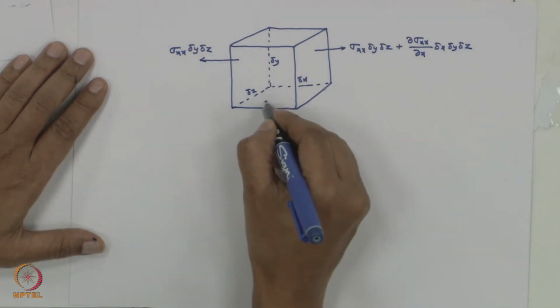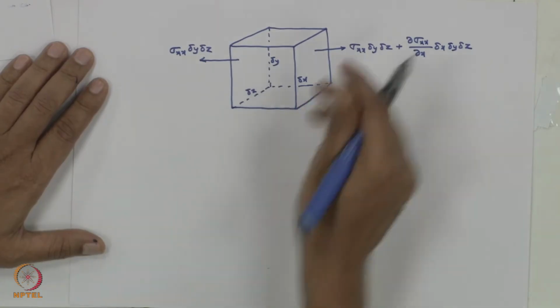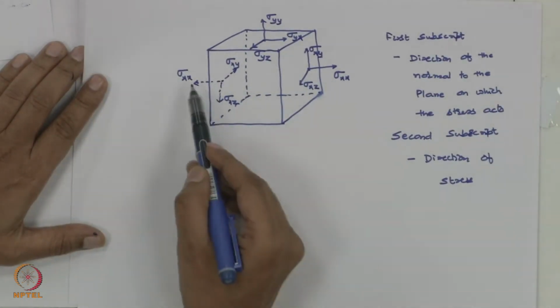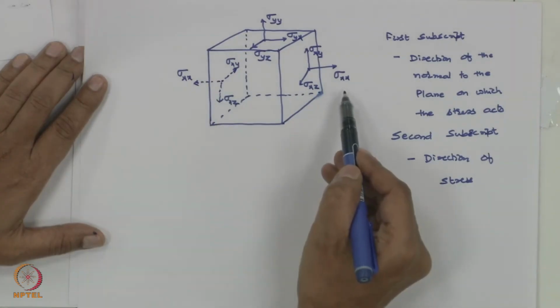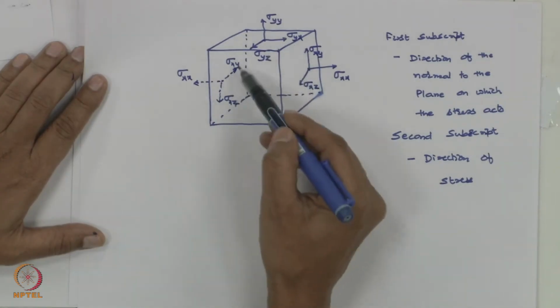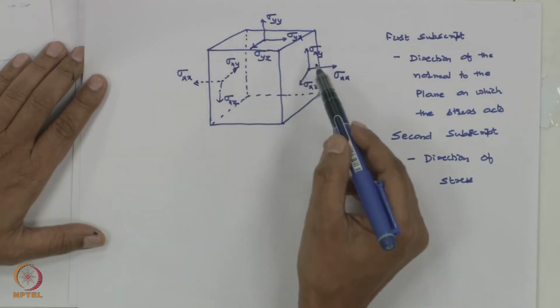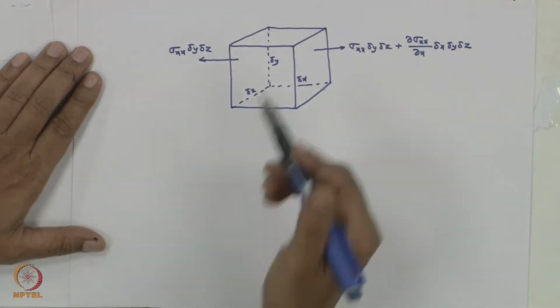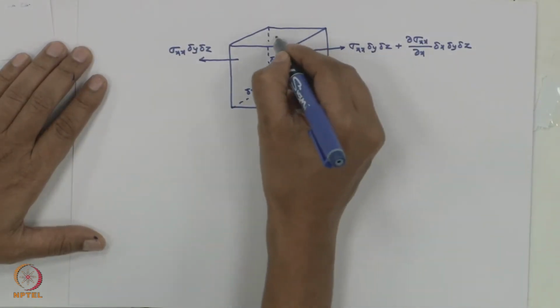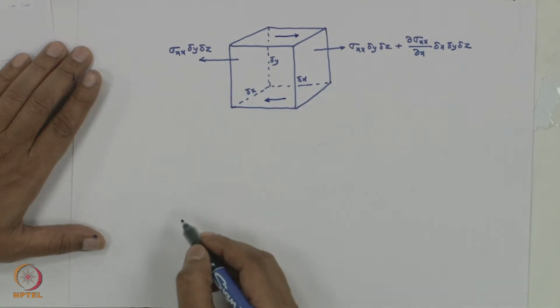The shear stress which is acting, if we just get back to this, what stresses should I take? Sigma xx will contribute for the x momentum and sigma yx will contribute for the x momentum. No other stresses are contributing for the x momentum. So I will take sigma yx, which will be from right to left here and from left to right on the top.